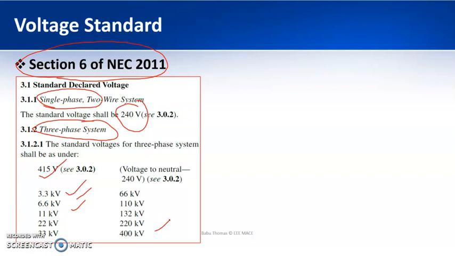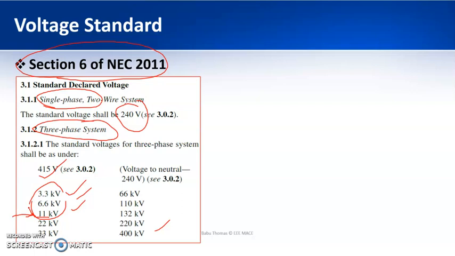Basically, from 3.3 kV to 11 kV, these are the generation voltages, and around 99% we can say that generation is at 11 kV. All other voltages above 11 kV are transmission voltages, and 415 volt is the distribution side three phase voltage.